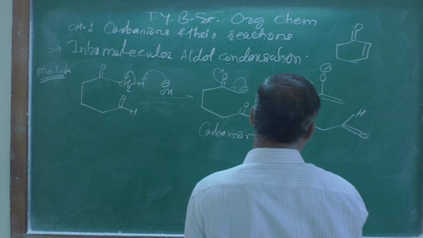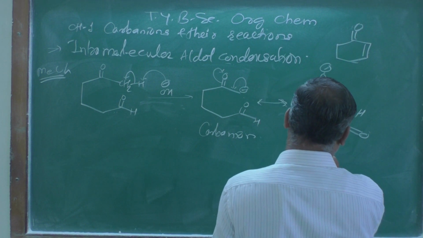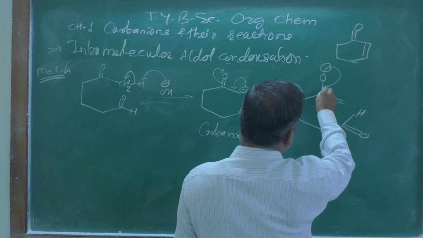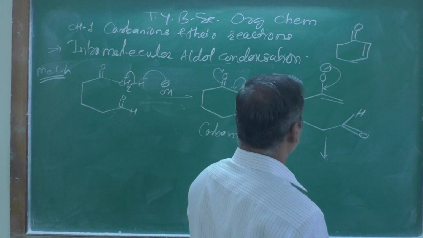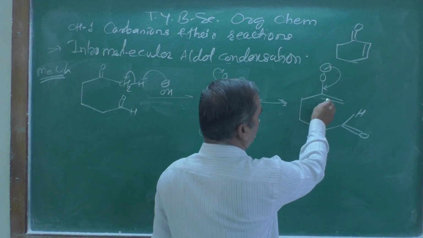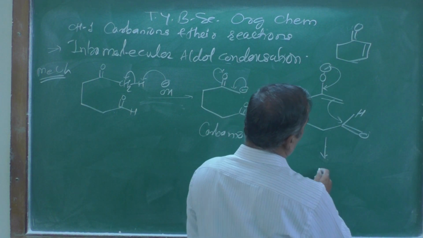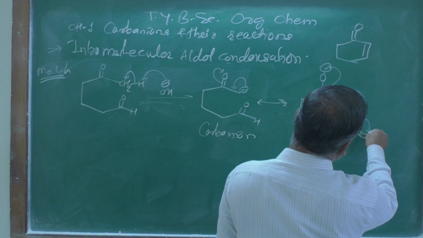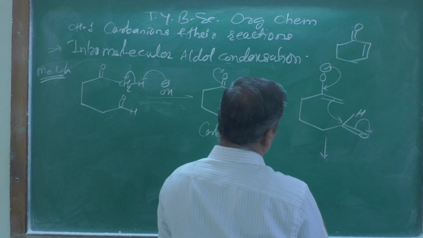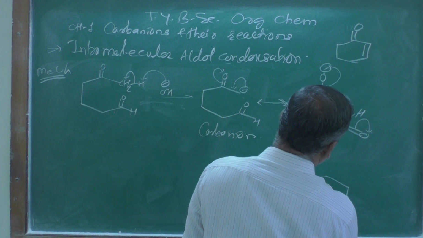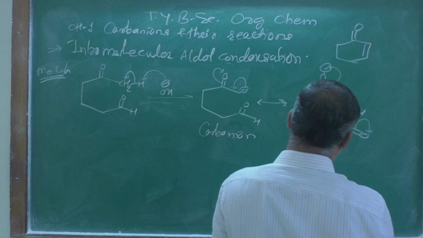Now what is going to happen in the next step? In the next step, this negative charge comes down, forming a double bond between the carbon atom and the oxygen atom. This double bond attacks that carbonyl group, leaving a negative charge on this oxygen atom, so that we get the formation of a 6-membered ring.